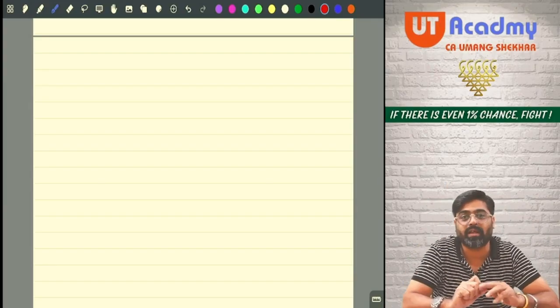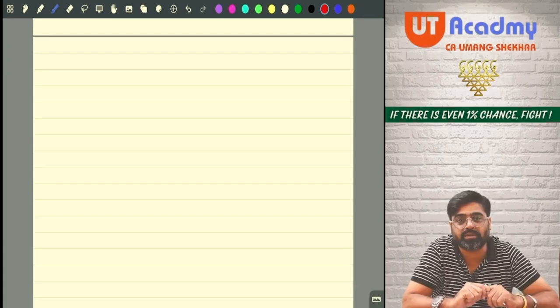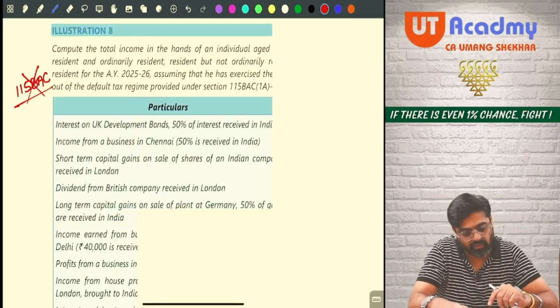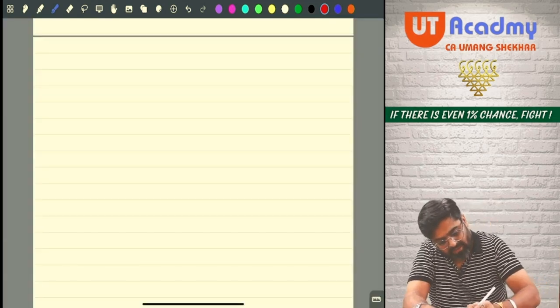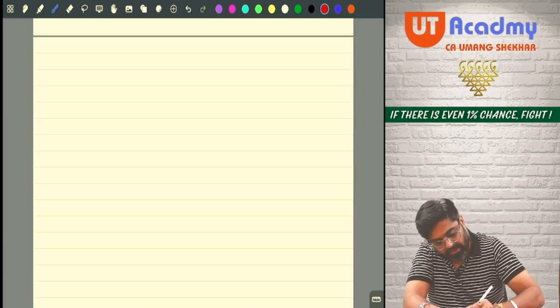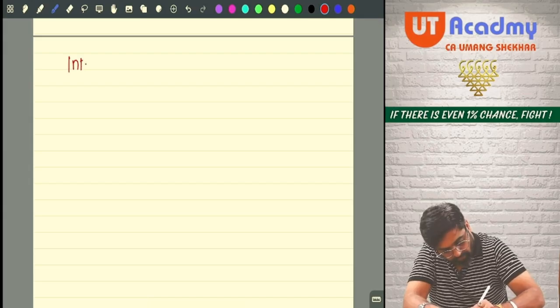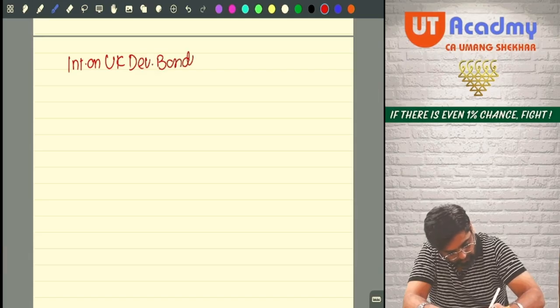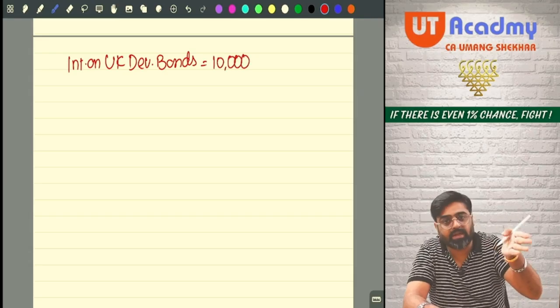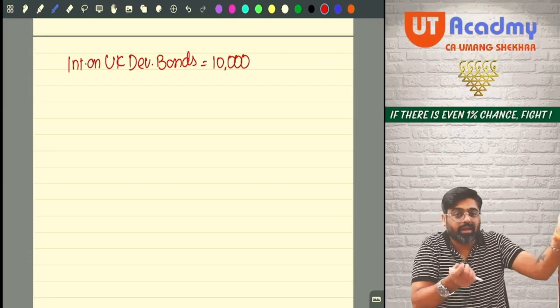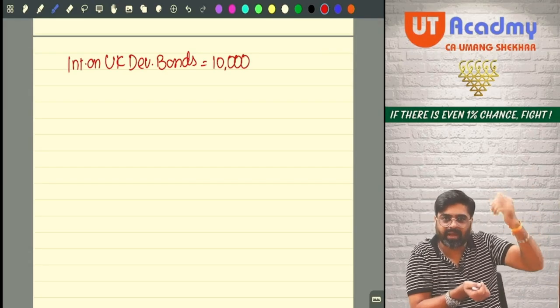How much interest is there? See, total amount of interest is, friends, 10,000. Yes or no? So can I say this entire 10,000 is interest on UK development bonds? Now this interest is accrued outside India, no?